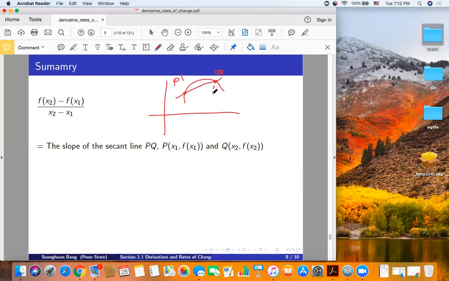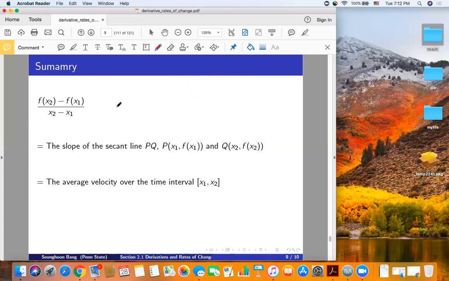You can make a triangle. The rise is f of x2 minus f of x1. The run is x2 minus x1. Exactly the slope of the secant line. Another one, the average velocity over the time interval x1, x2. The previous one, the average rate of change of y with respect to x over x1, x2.